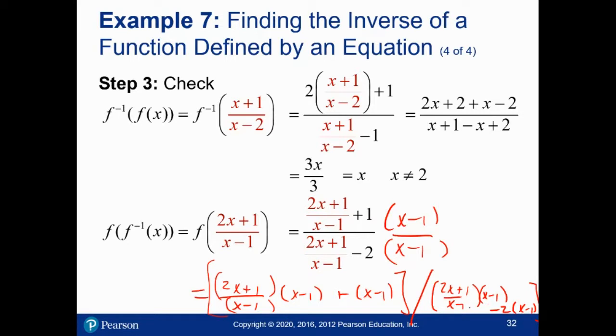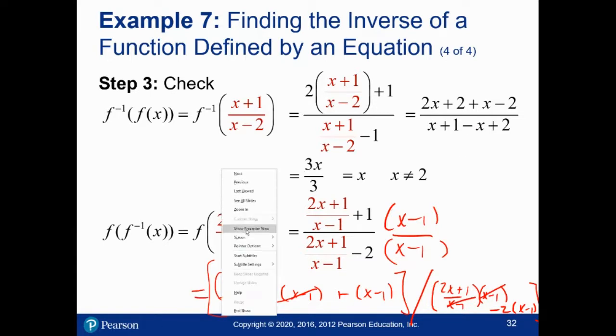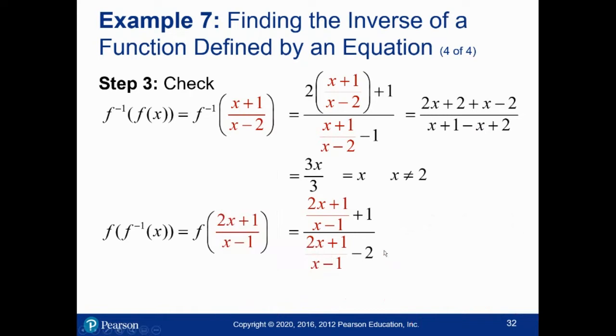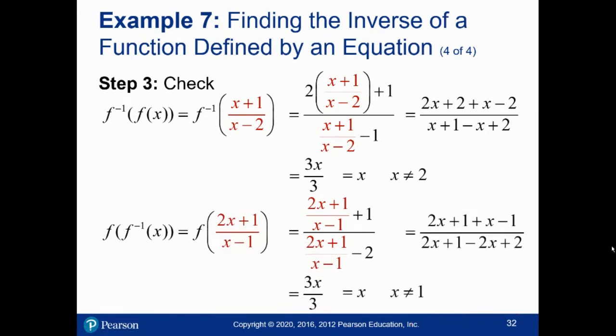Now this x minus 1 cancels that, and this x minus 1 cancels that. And that's exactly where the next line is going to come from. Simplify all this down, and again, you just get out an x.